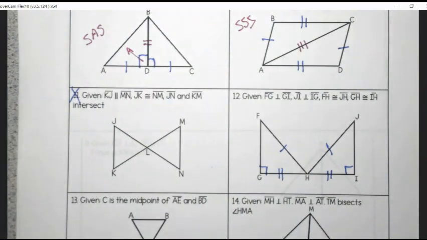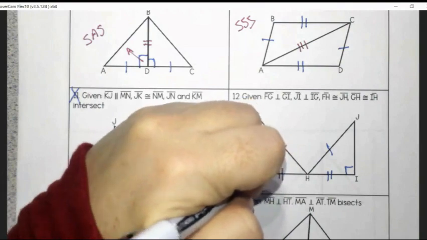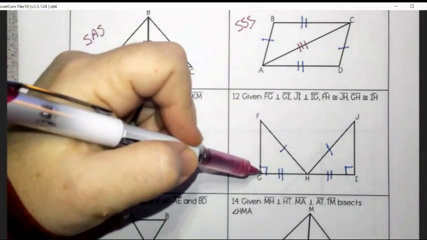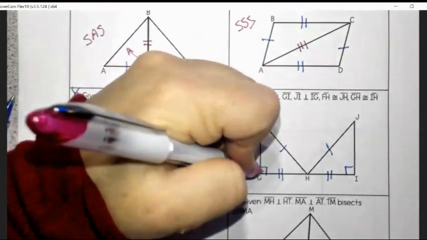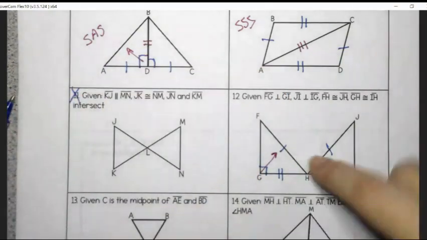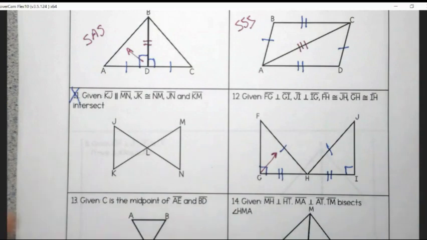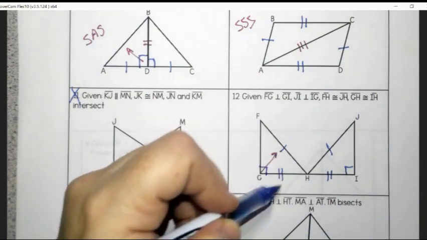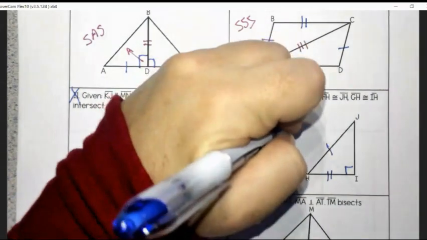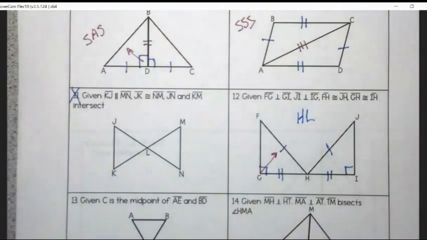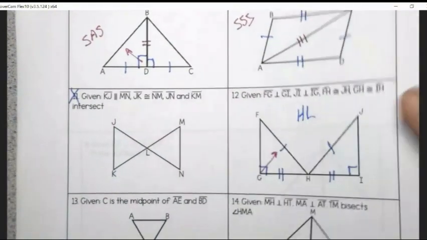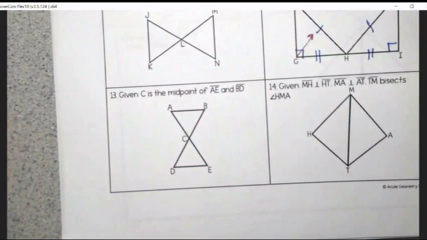We have 2 sides and an angle, so it's either got to be HL or side angle side. If I start an arrow at my right angle, I am pointing at this side, so this side is the hypotenuse. And that's why I am using the hypotenuse. This is a leg, it's a right triangle, so this is HL. Let's see here. Number 13.